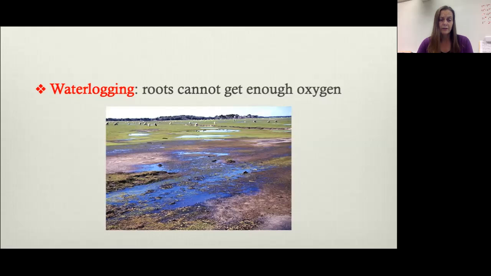And so it actually causes the roots to rot in the ground. So this is a big problem when soil has a high clay content or when there's too much water too fast. So this can be improved by either using more efficient irrigation systems or by changing the soil composition in order to decrease the amount of clay.